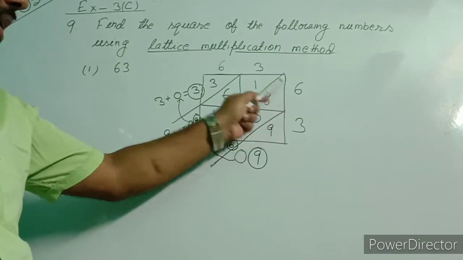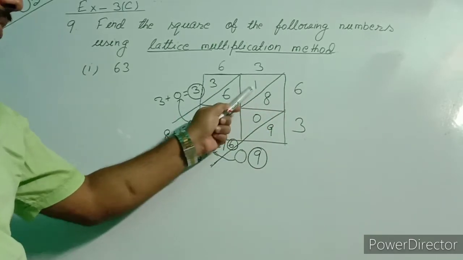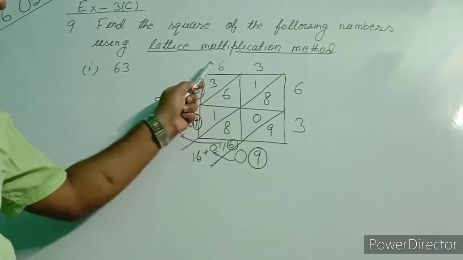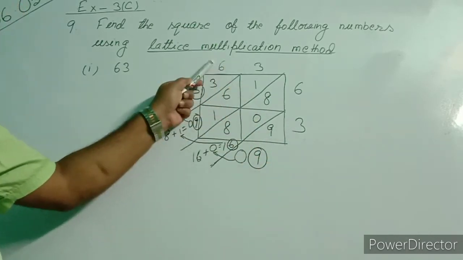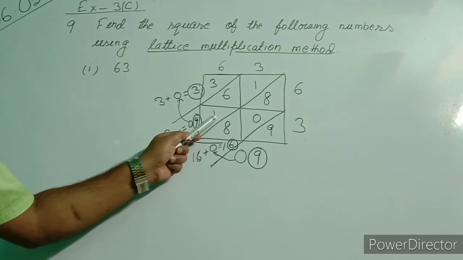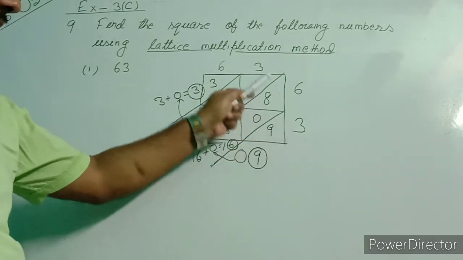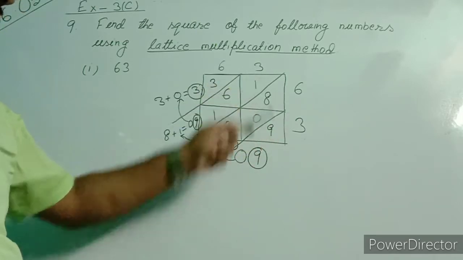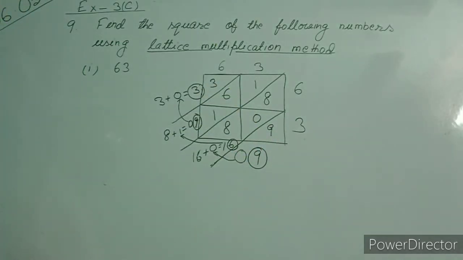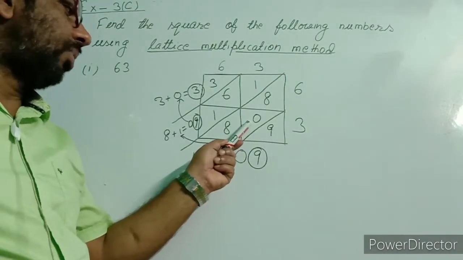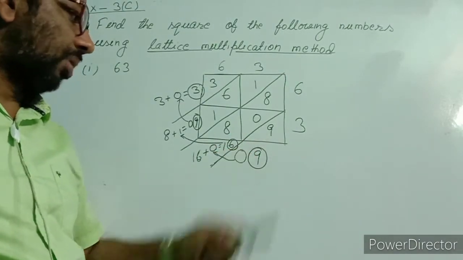Then I multiplied 3 and 6, 18. 1 I wrote up, 8 I wrote down. Then I multiplied this 3 and this 6. 3 6s are 18. 1 I wrote up, 8 came down. Then again I multiplied 3 3s are 9. There is only one digit, so we have to write this in 2 digits. 0 9. 0 will come in the above box and 9 will come in the lower box.